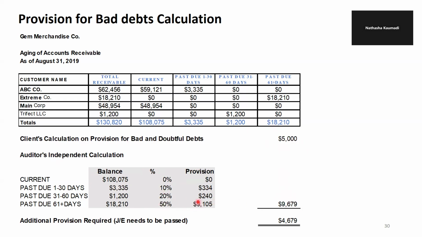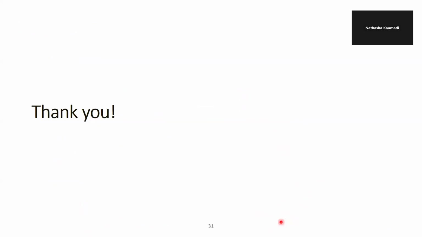This is basically a recalculation. It is 9,679, so definitely an additional provision is required. A journal entry needs to be passed for the balance of 4,679. So this is how you do it: the client's number, your own number, the auditor's calculation, and then you compare, and you ask management to pass a journal entry for this balance.